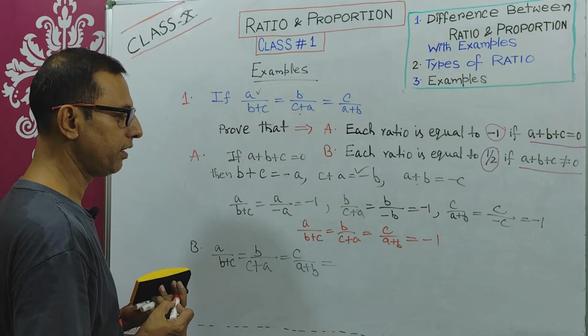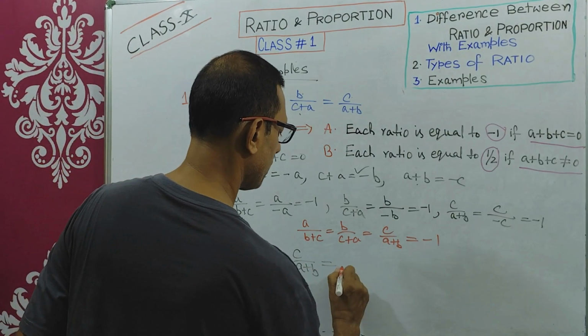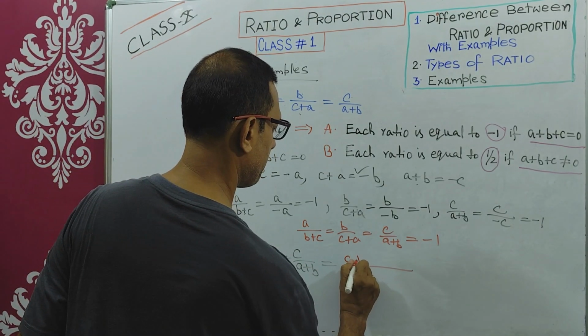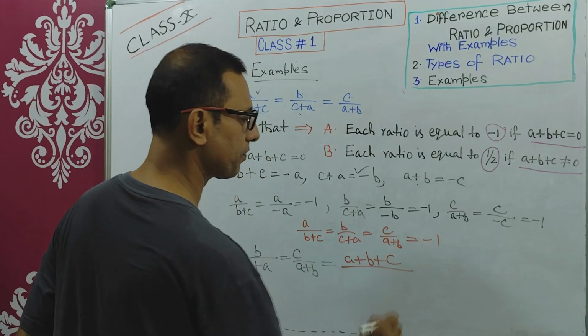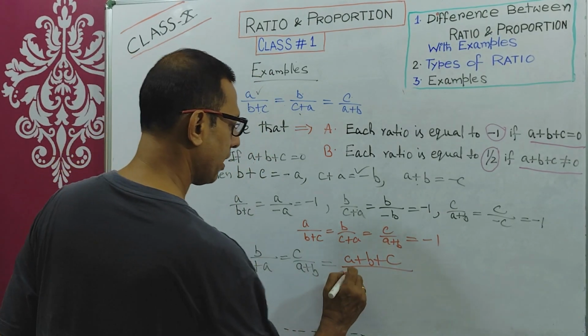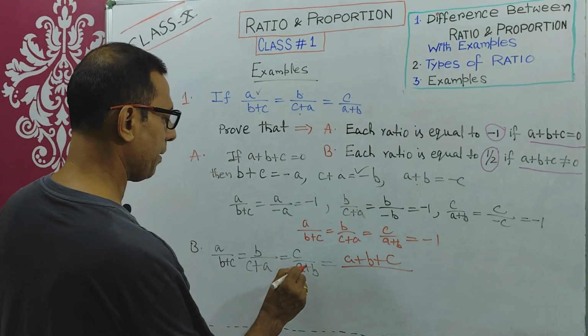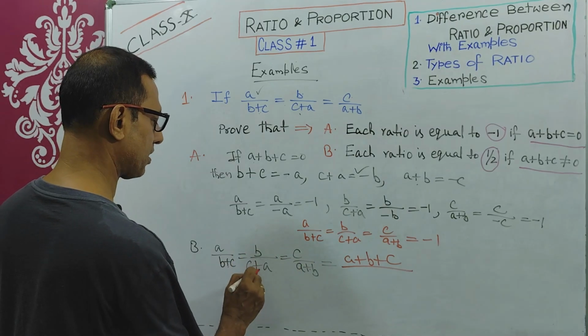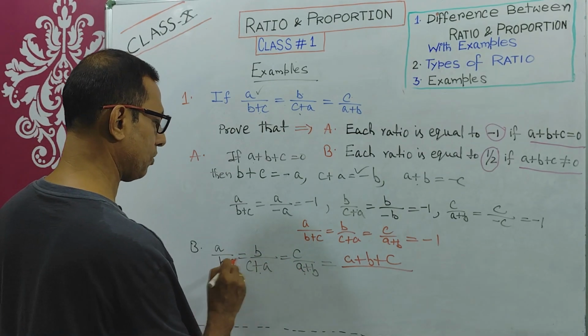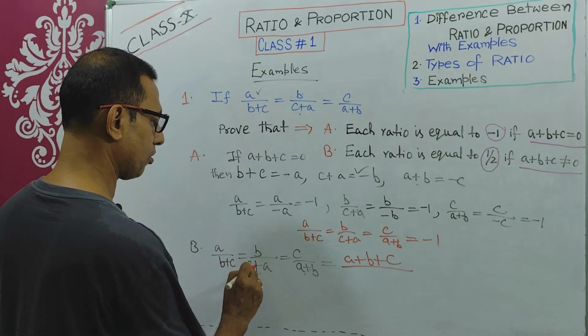denominators, right? So what will be? That means a plus b plus c, the sum of the numerators or antecedents, and the sum of the denominators is b plus c plus c plus a plus a plus b. That means a twice, b twice, c is also twice.